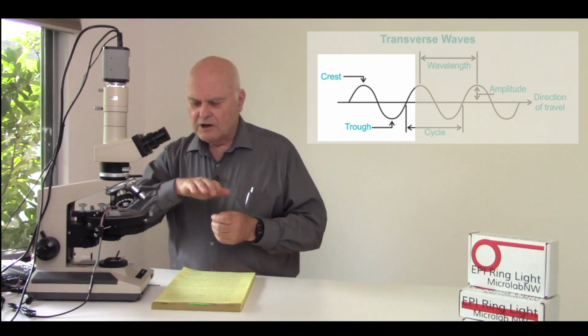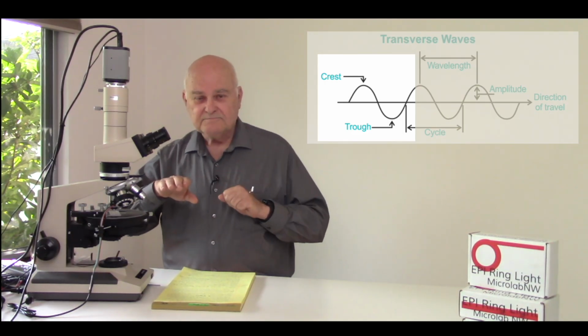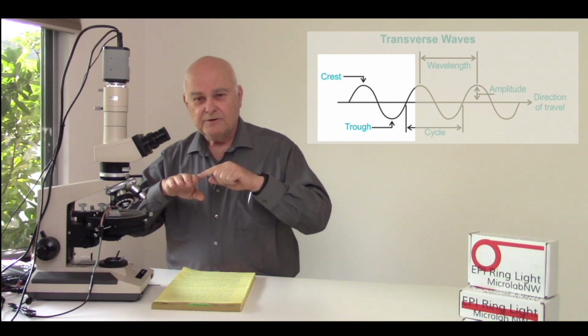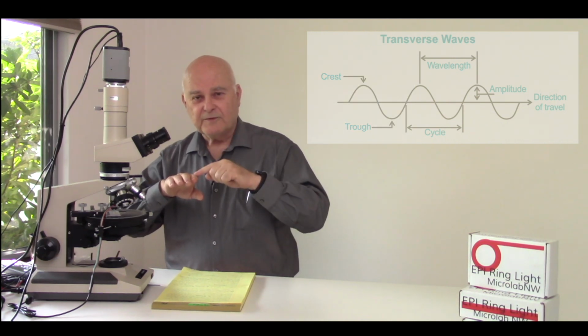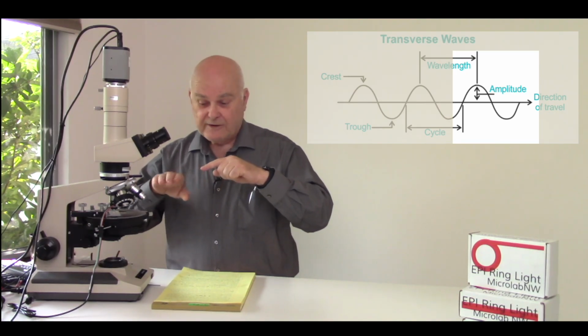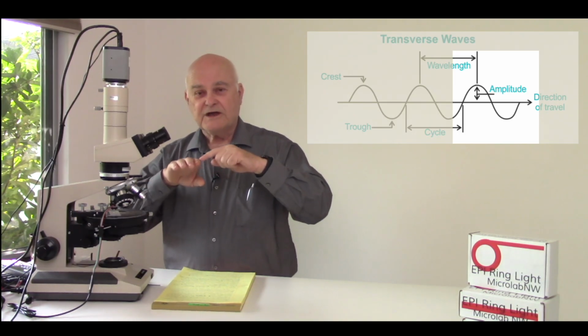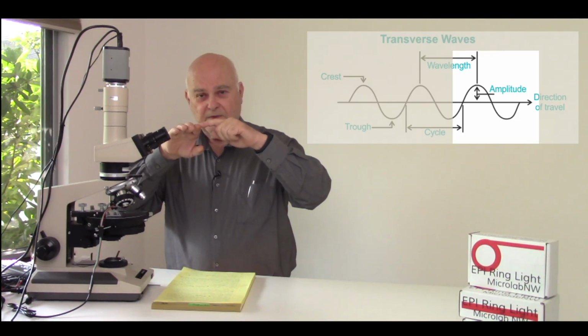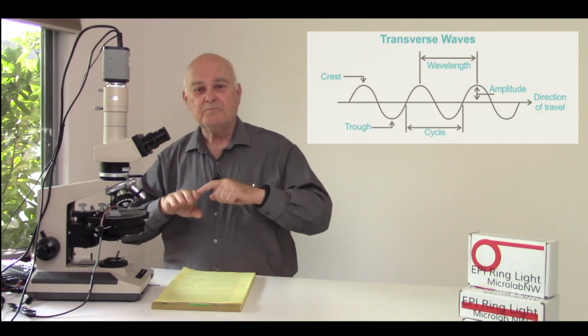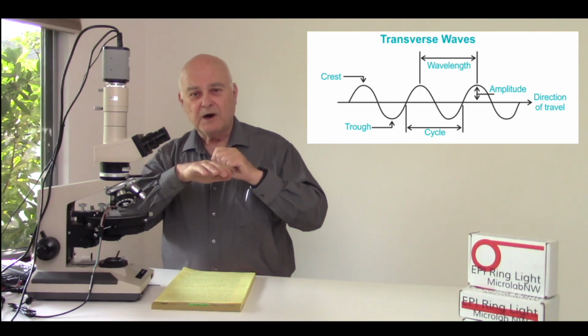Well, we draw a line between the two at the 50% mark, and our amplitude is the displacement from that surface. In other words, if there was no wave on the surface, that would be the level of the water. But because there is a wave, there is a displacement both above and below where the quiet body of water would have its surface.